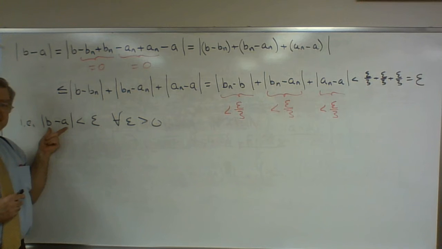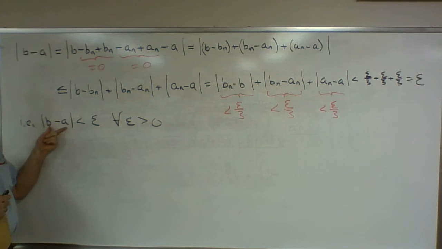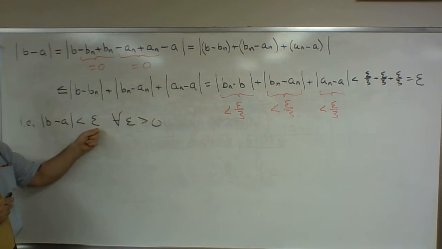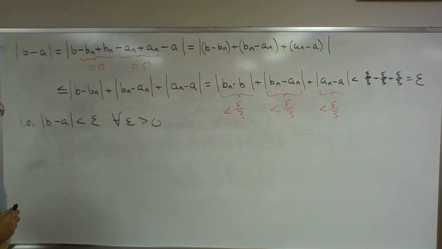So can b minus a be positive? No, because if the absolute value of b minus a were positive, we could call that epsilon. But then it turns out that b minus a, according to what we proved, is less than epsilon for all positive values of epsilon.